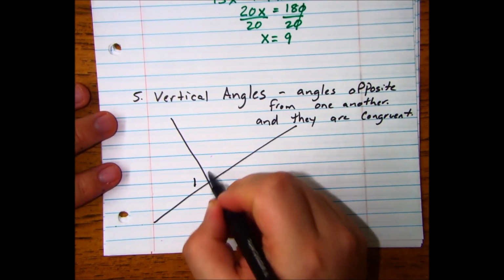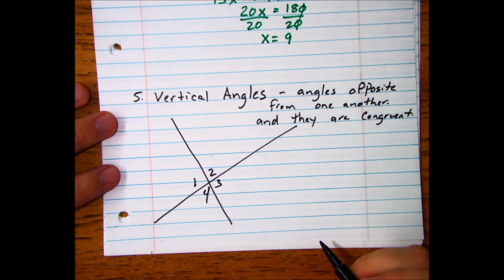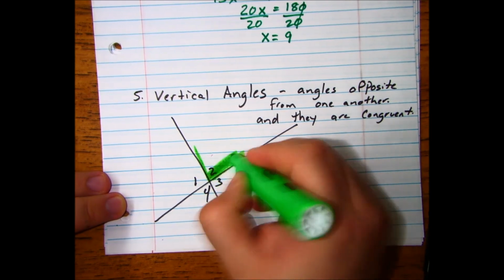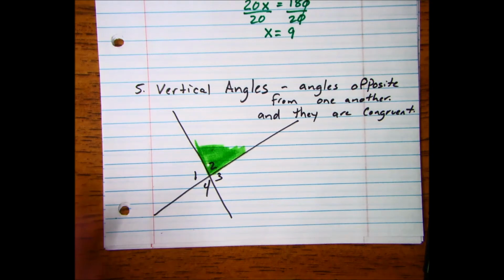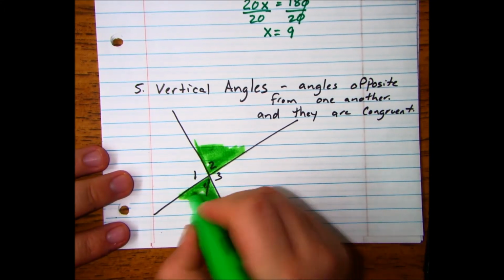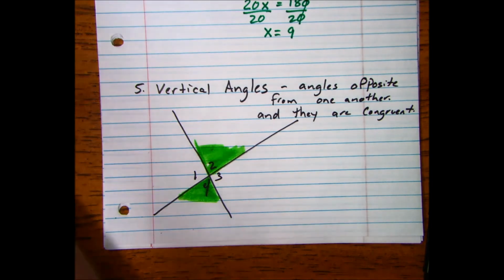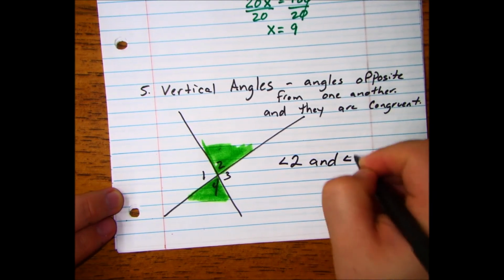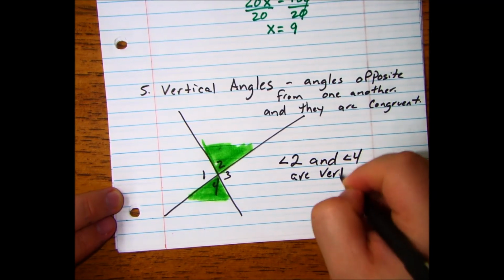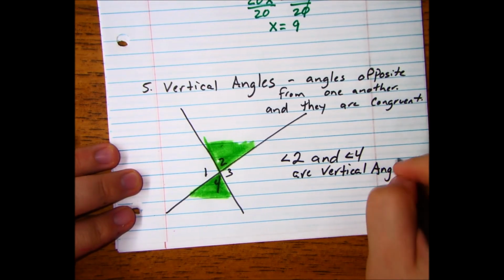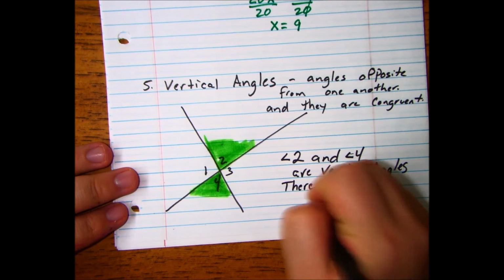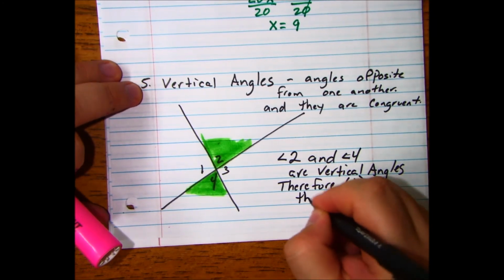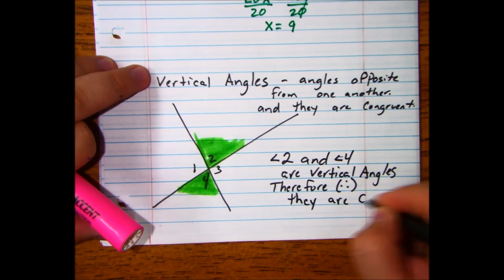So if I have 1, 2, 3, and 4 to be opposite one another, if I take angle 2, the opposite angle of it is angle 4. So angle 2 and angle 4 are vertical angles. Therefore, they are congruent.